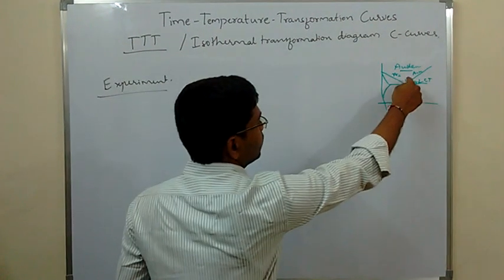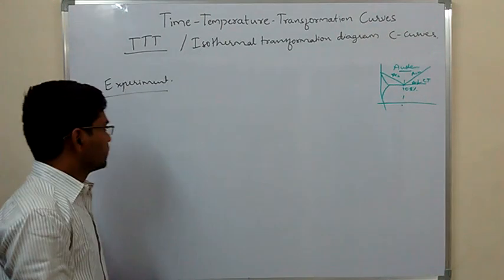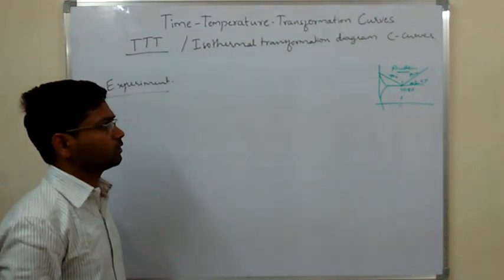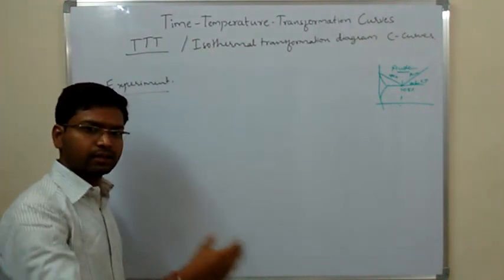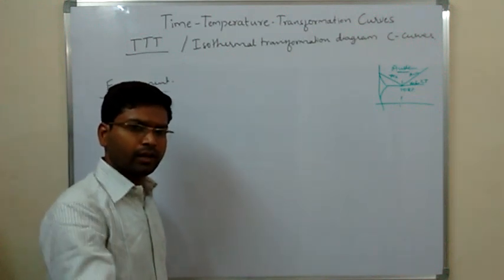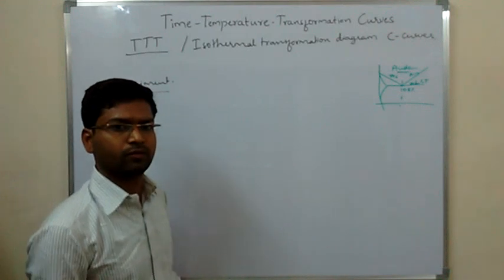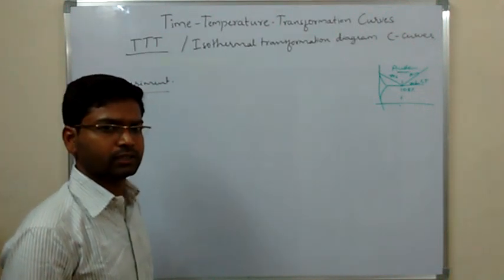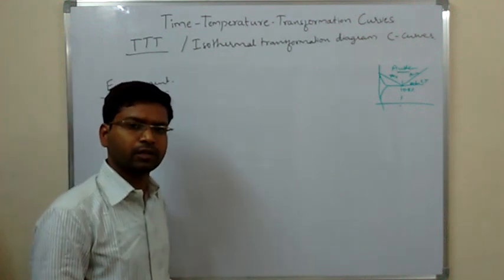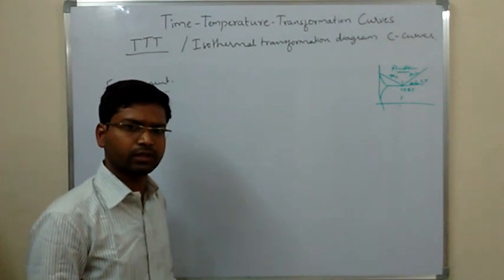So after heating to a temperature of more than 727 degrees Celsius, the samples are taken and quickly placed in a salt bath, which is maintained at a constant temperature for a long period of time.